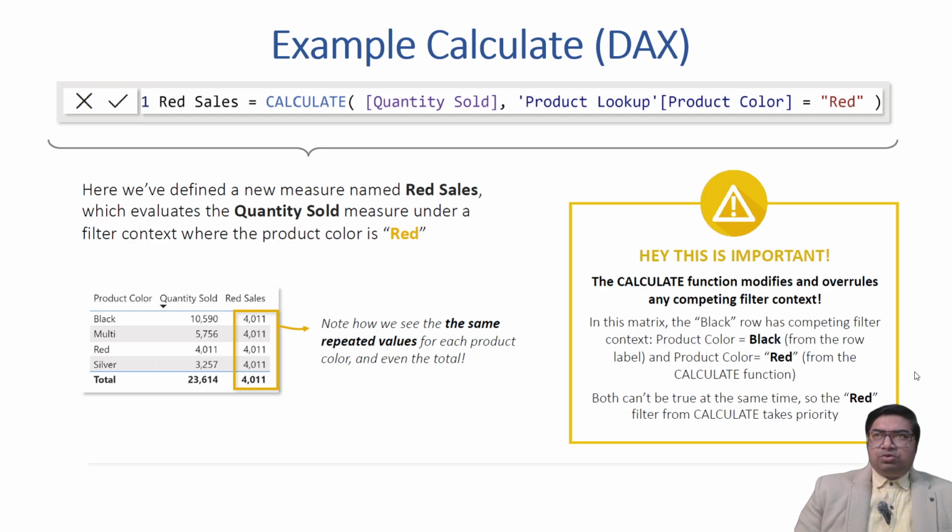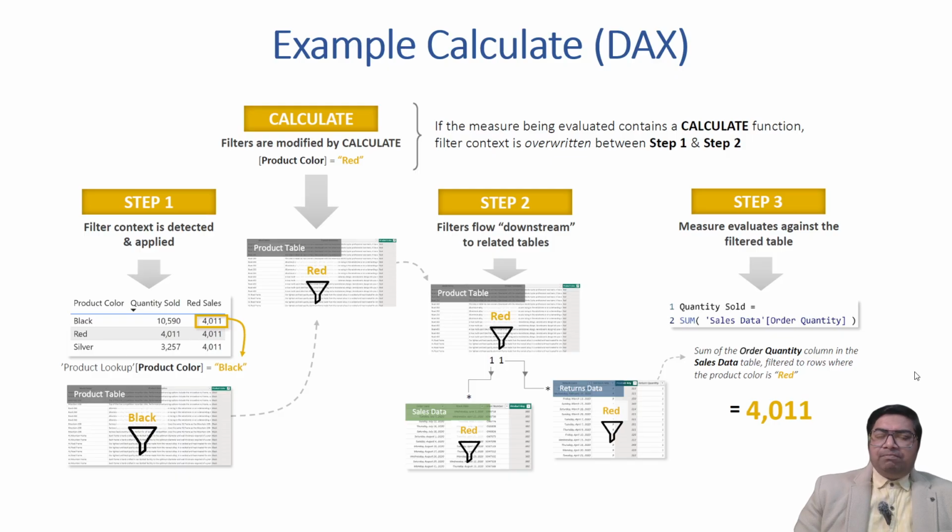So let's do that example. Before the example, let me try to understand what they are doing here. Step one, they are filtering the context that is decided and applied, that is the red. Again, CALCULATE filters and modifies the calculation where product is red.